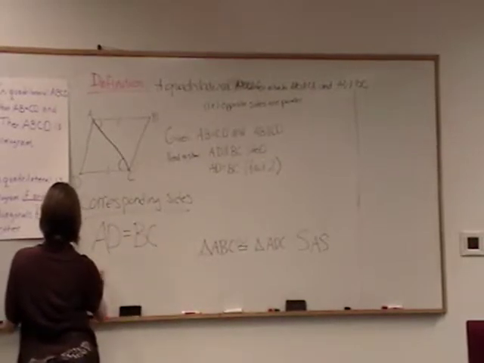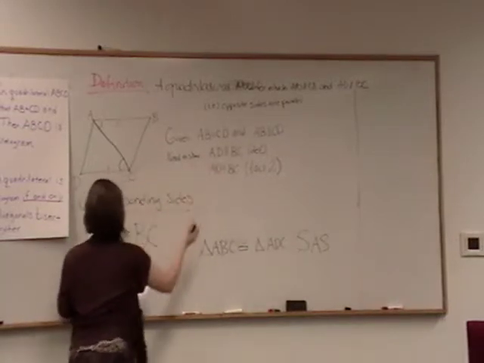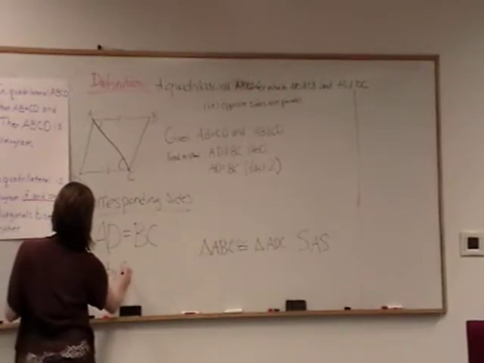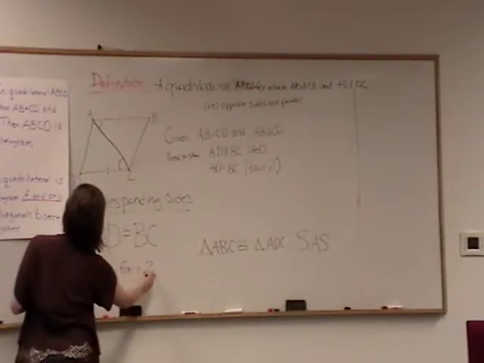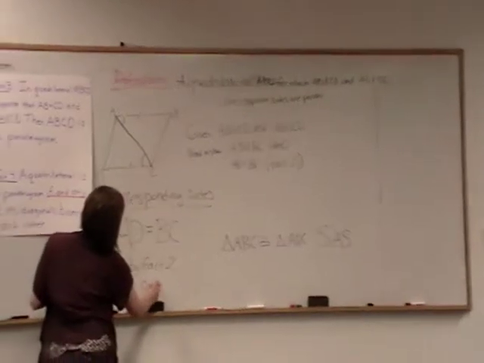Thus, we now have that AD equals BC and AB equals CD. So, by fact 2, we know that ABCD is a parallelogram.